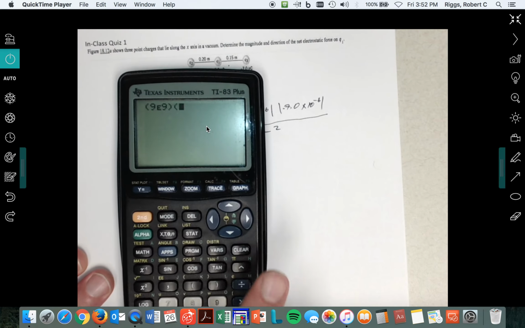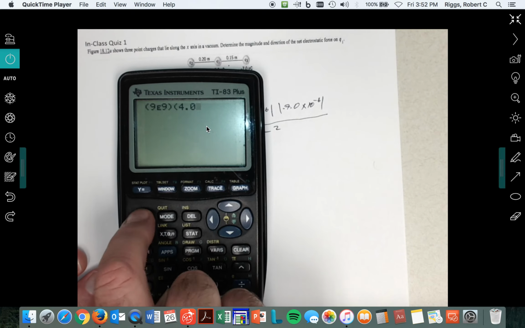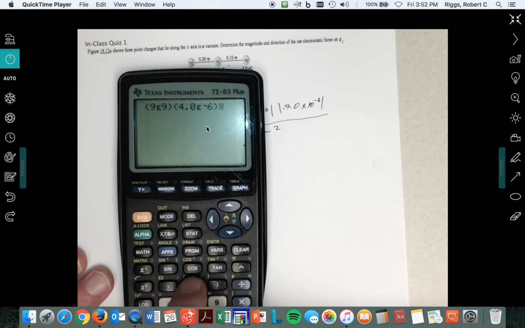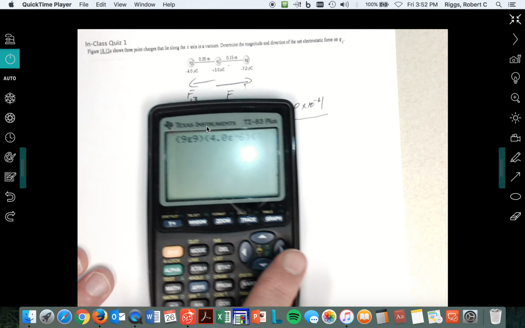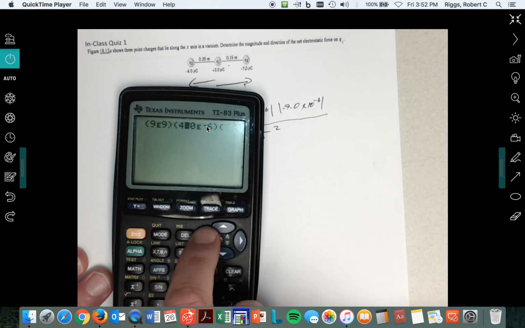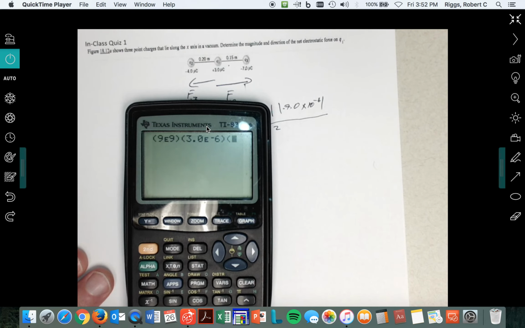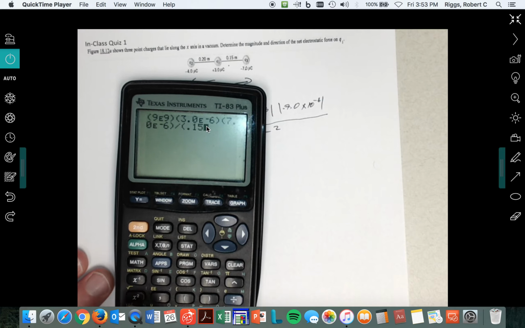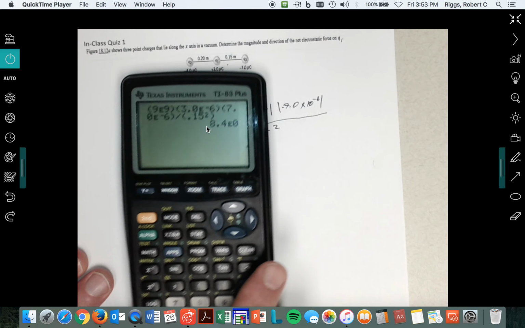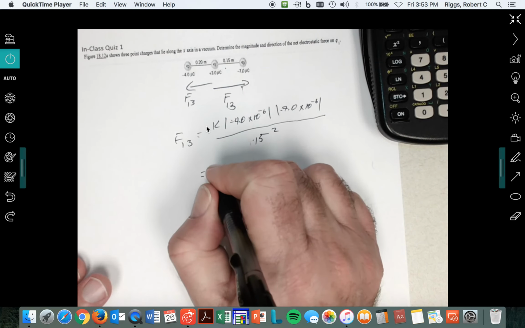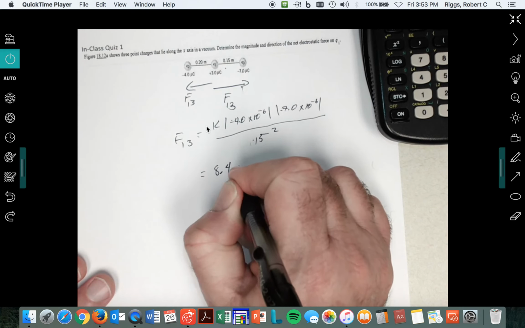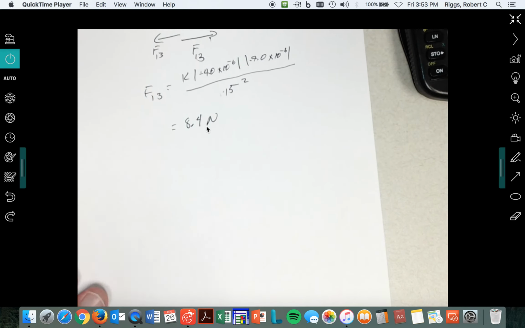We don't put in the 4.0 E negative 6, and oh no, he's 3.0. See, this is so fraught with peril. And then 7.0 E negative 6 divided by, and I like to even go ahead and put that in parentheses, 0.15 squared. Sometimes you'll forget the squared in the heat of battle. And yeah, that came out to be 8.4 newtons.